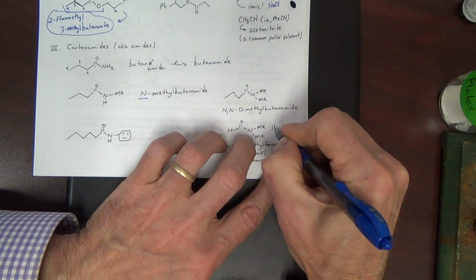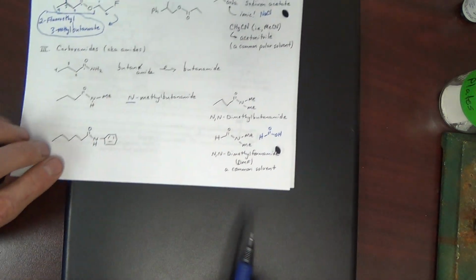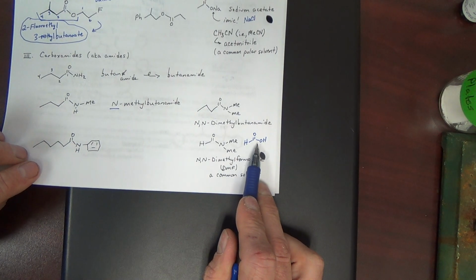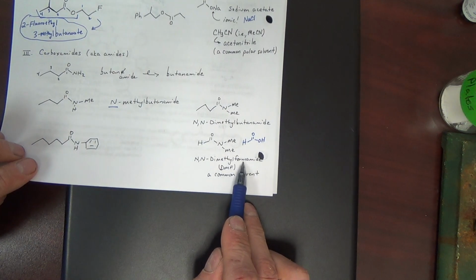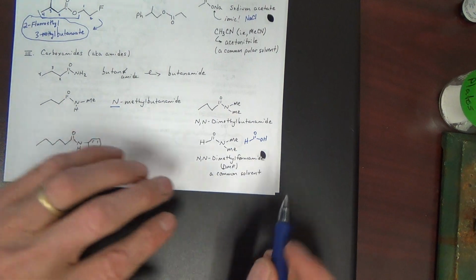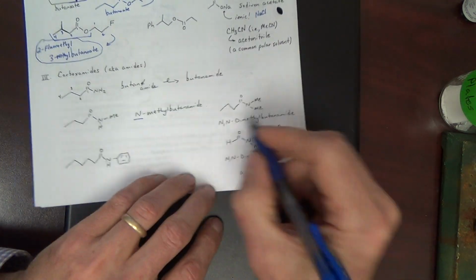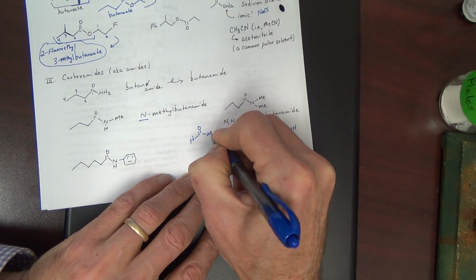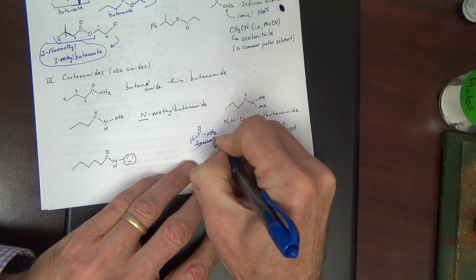Got to keep in mind that this is formic acid. And so formamide is a common name which comes from formic acid. I'll rewrite this. If we had just NH2, this is called formamide.